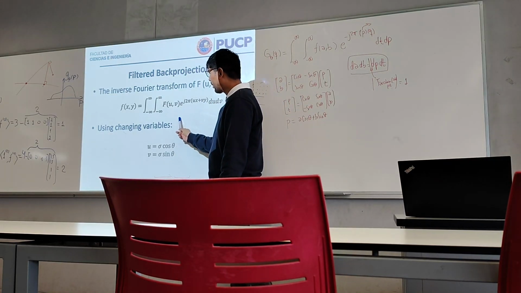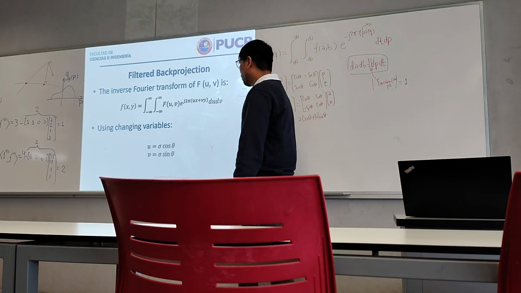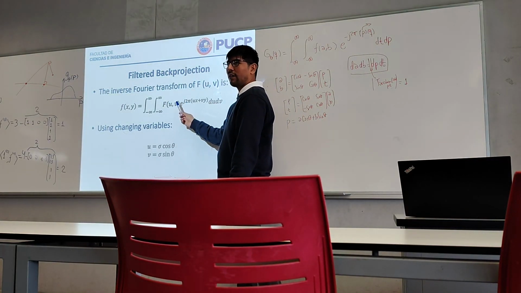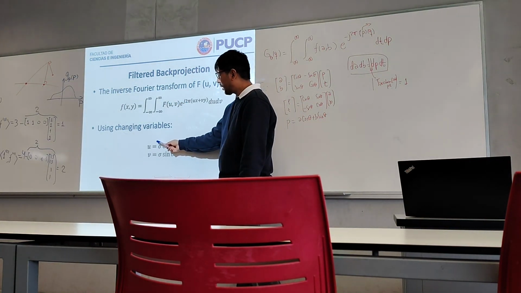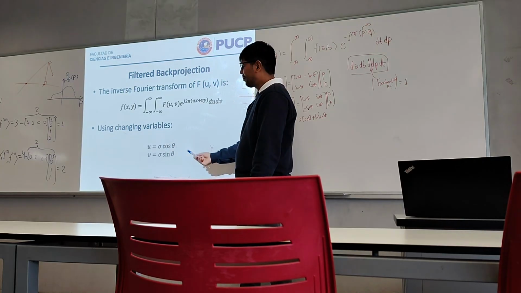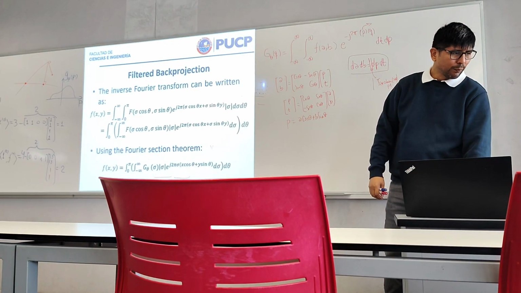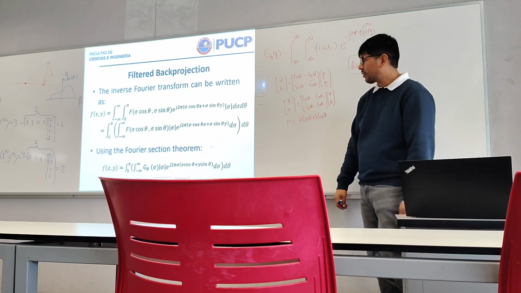What we can do in this case, knowing that we don't know u v in Cartesian coordinates, we know u v in this more polar coordinate, is we need to do a change of variable. Okay, I think I can do this next week.